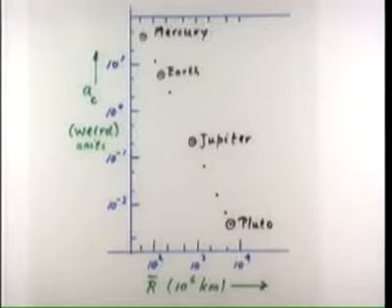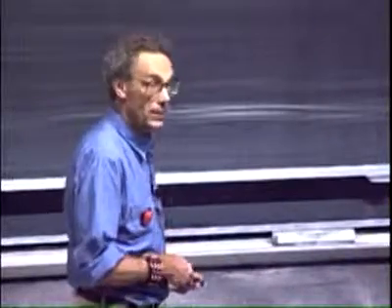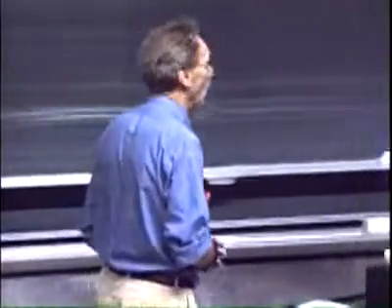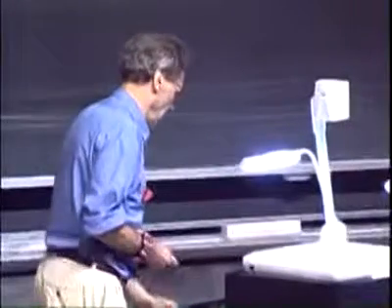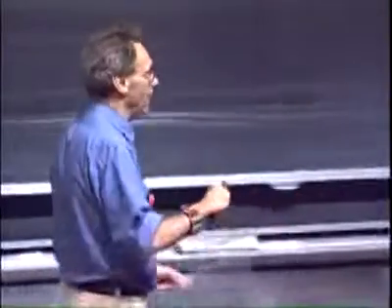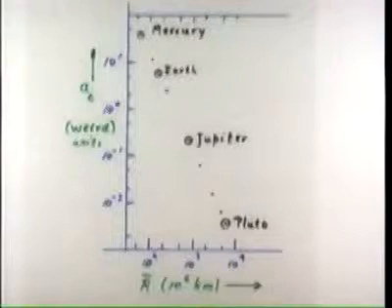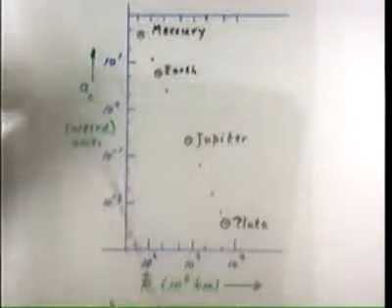And what is very striking is that all these points, I've done them for all the planets, fall on a straight line. And so, what is the slope of that line? Well, I tried various slopes, and I found that the slope is very, very close to -2.